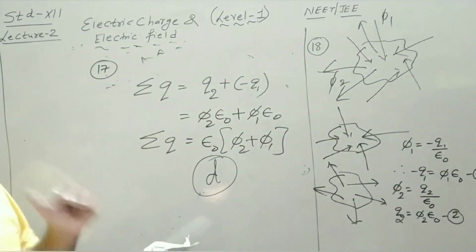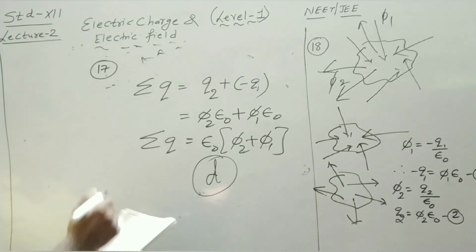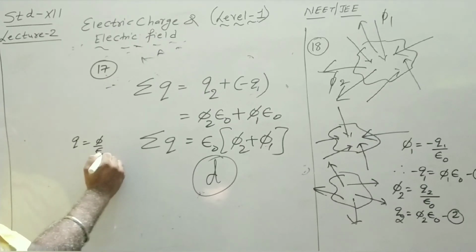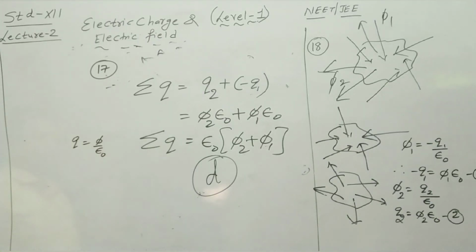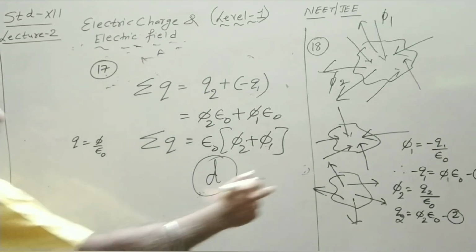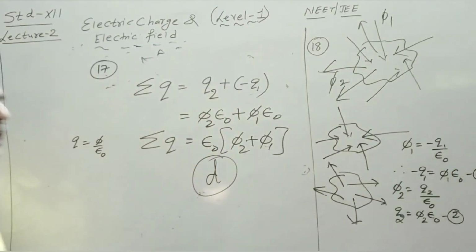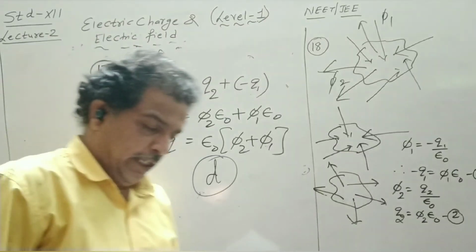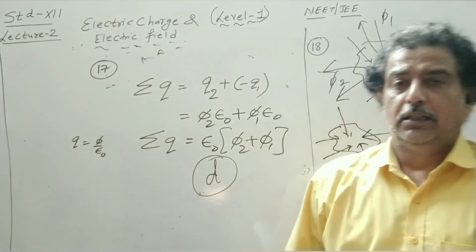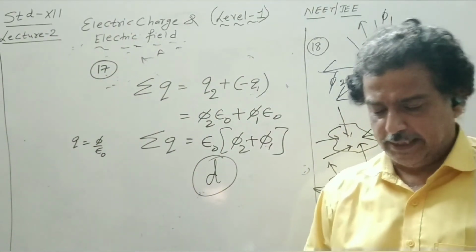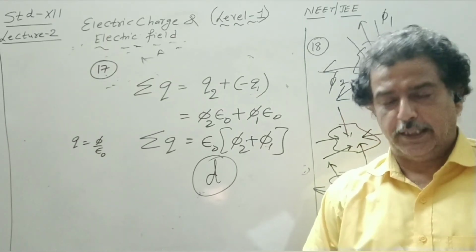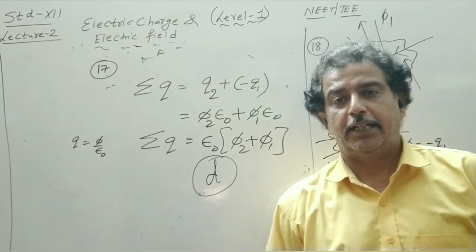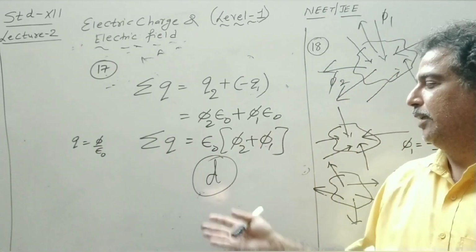In all the three cases, they have given Q is equal to phi upon epsilon naught. But we know that the flux is Q upon epsilon naught and not Q into epsilon naught. So instead of solving this, by common sense also we can say that options A, B, C are dimensionally incorrect. So the correct answer should be the D option.